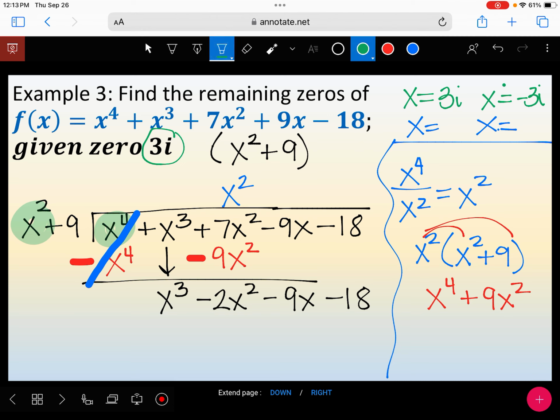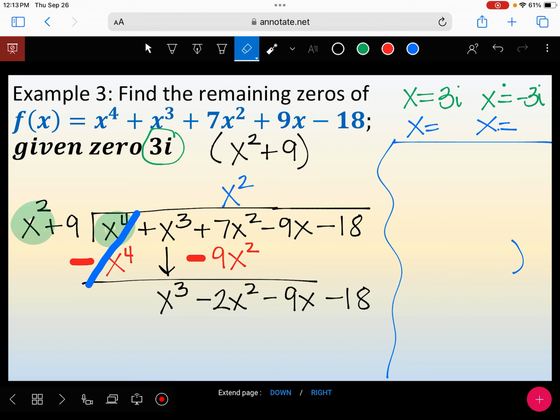So now we got to go back to the beginning. This time I'm going to divide. This is my new first term. So off to the side, take x cubed and divide that by x squared. You get an x. Put that on the roof.